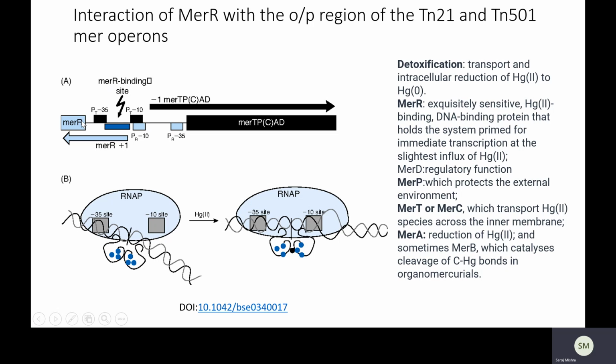The MER repressor has its own promoter, this is the PR, with its -10 and -35. RNA polymerase binds to this segment, and only then is the gene which codes for the mercury repressor protein transcribed in this direction. So the direction of transcription of these two functions, one the MER operon and the other the MER repressor protein, occurs in the opposite direction.